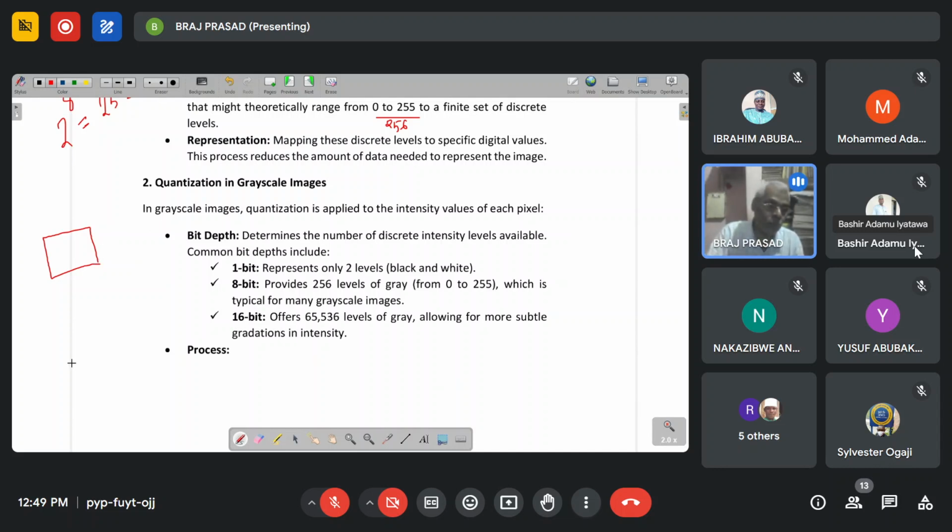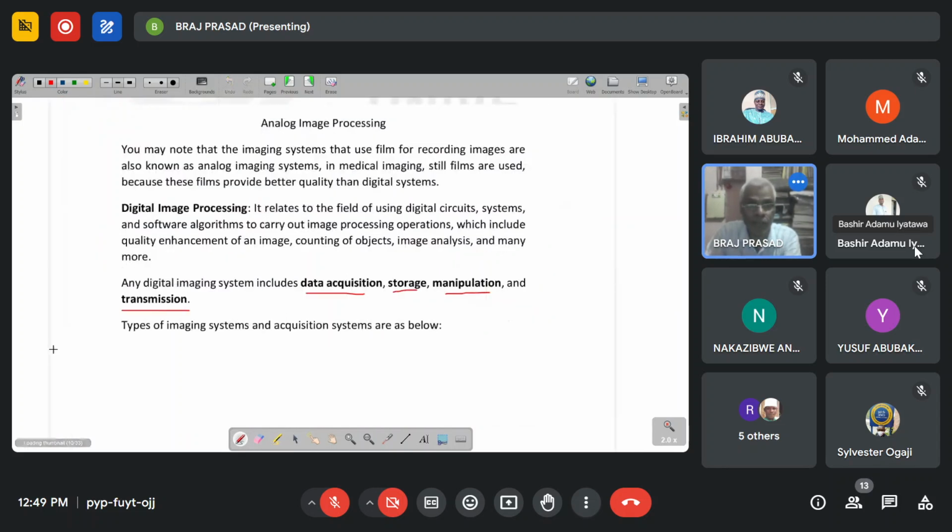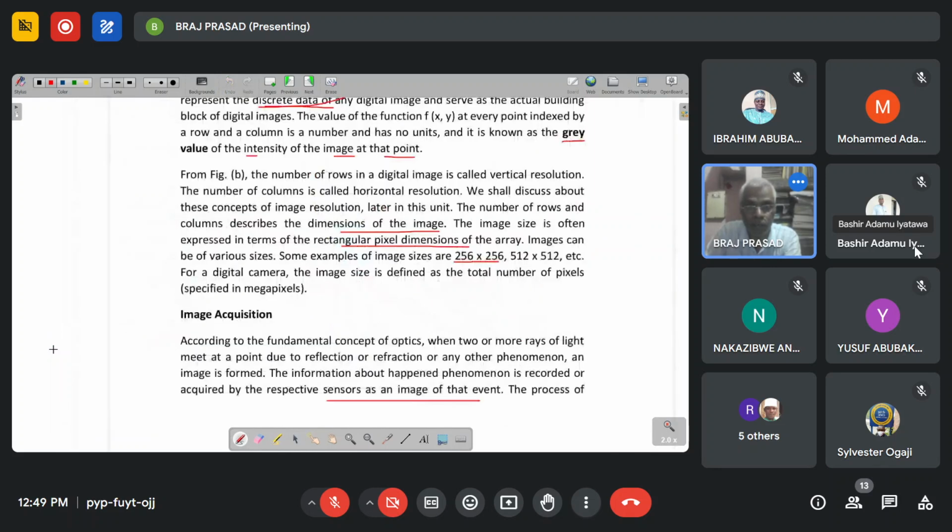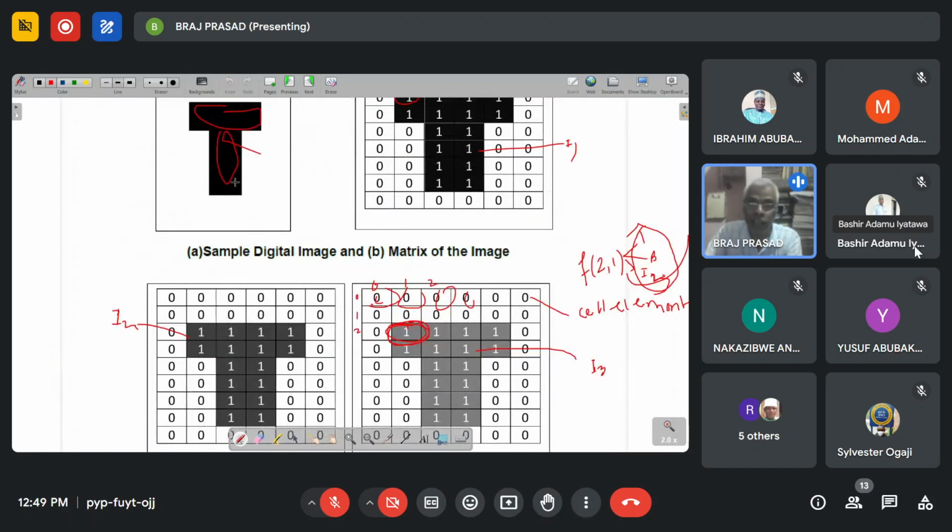But if we use a single color with different intensity, as I have shown in the earlier pictures, here I have used the color black, but the intensity at this place is different, and at this place is different.